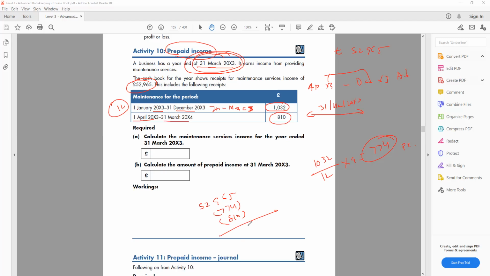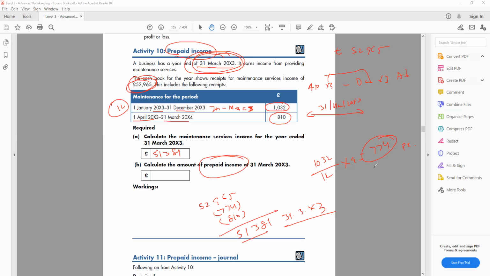That is 51,381. This is my income for 31st of March 2003. And the other amounts inside this are basically the prepayment. So the maintenance income I'm going to show for this year will be 51,381.